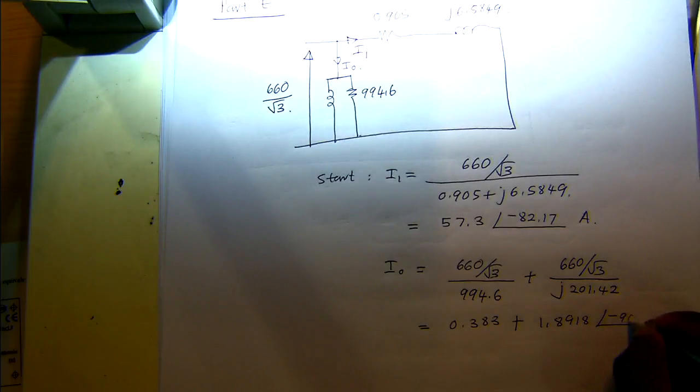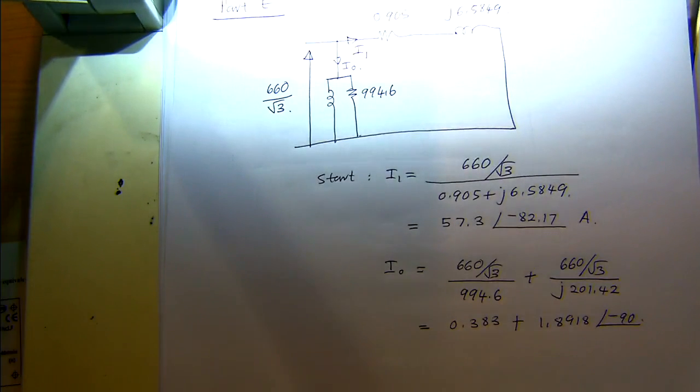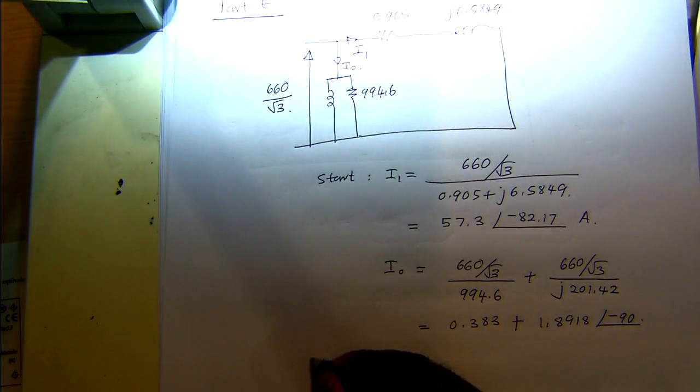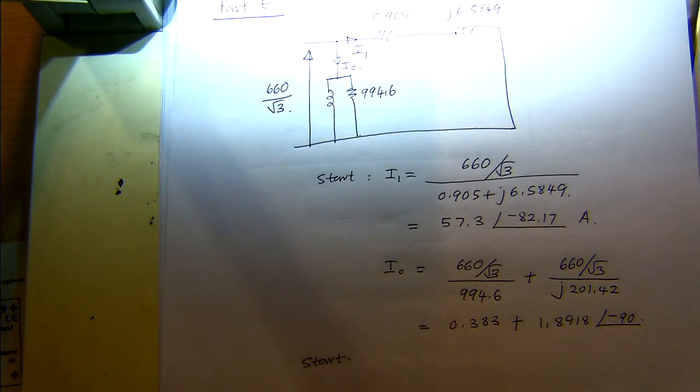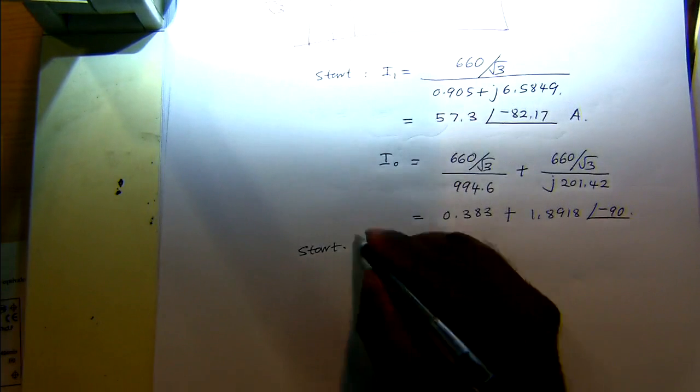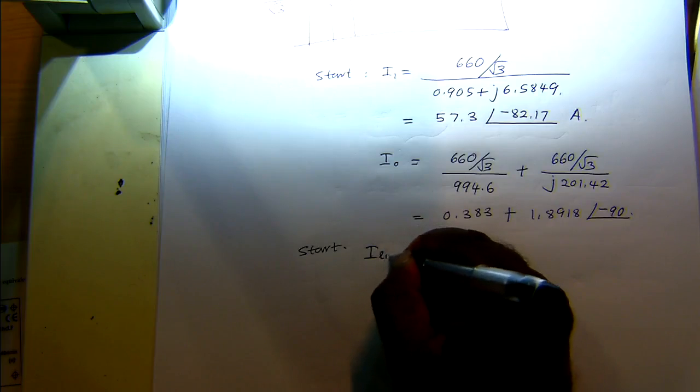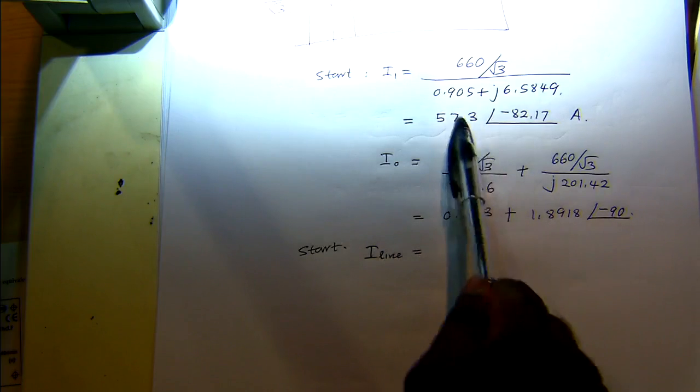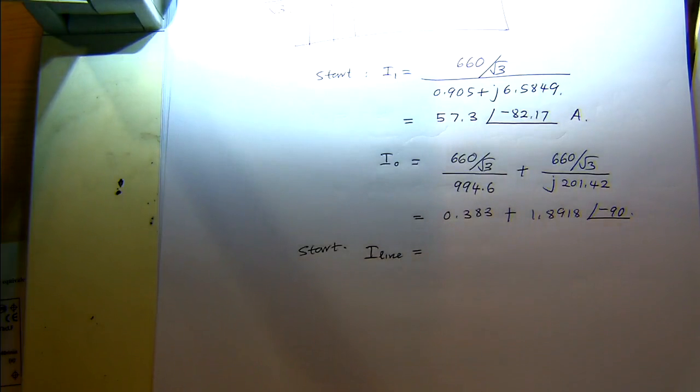So if you sum everything up together, you'll find the starting line current, I line, will be the sum of this and this together.